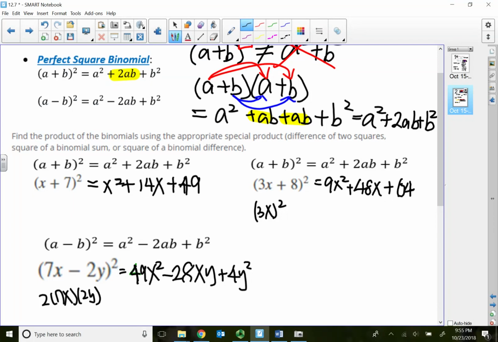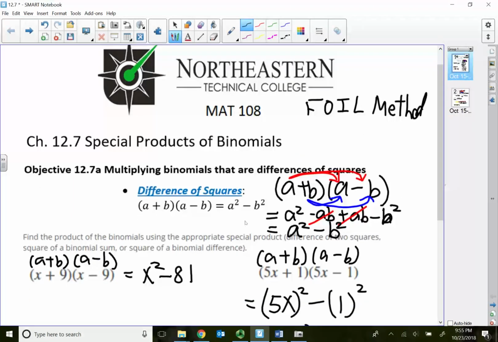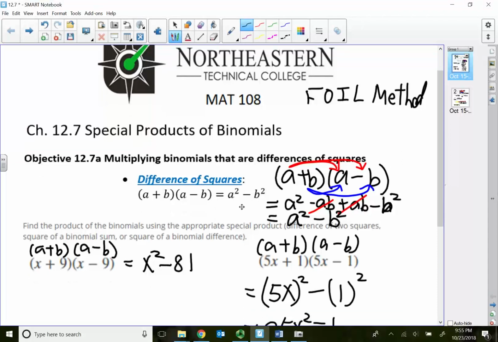Other than the perfect square binomial, in the previous video, we also have difference of squares. These 2 rules come in handy as we're moving forward into the next module, along with the FOIL method. Remember now, the FOIL method is designed for us to do just by looking at them. First thing is A times A, last thing is B times B, and then we do the inner and outer.